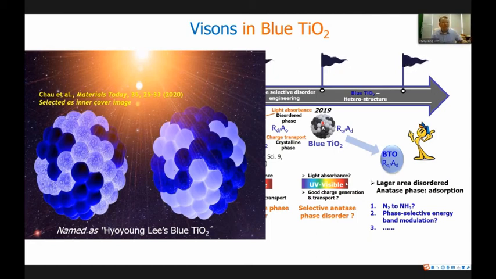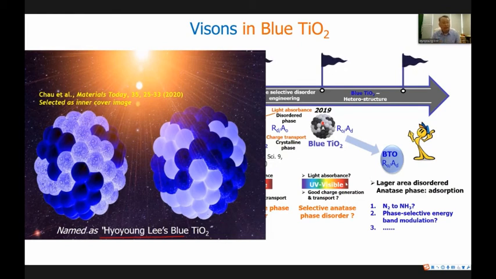To remember the achievement, we put my name here, Hyoyoung Lee's blue TiO2. This is the first time, and I think this cannot be broken, because we can selectively make one phase disordered and the other phase also disordered.